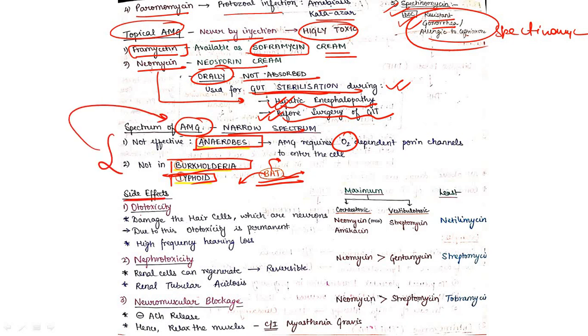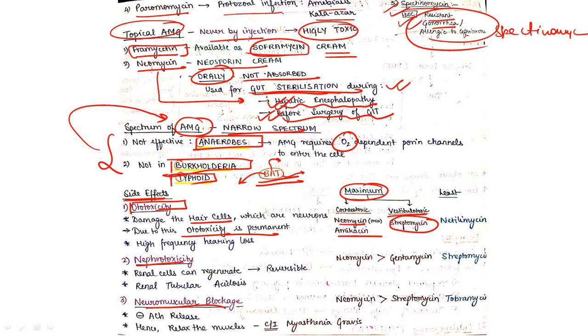Now coming to the side effects. The first side effect is ototoxicity. These drugs will damage hair cells, and due to this the ototoxicity is permanent, clear. Then nephrotoxicity will be there, then neuromuscular blockade will be there. Now coming to ototoxicity, the maximum vestibular toxicity is by streptomycin, and the maximum cochleotoxicity is by neomycin and amikacin, clear.